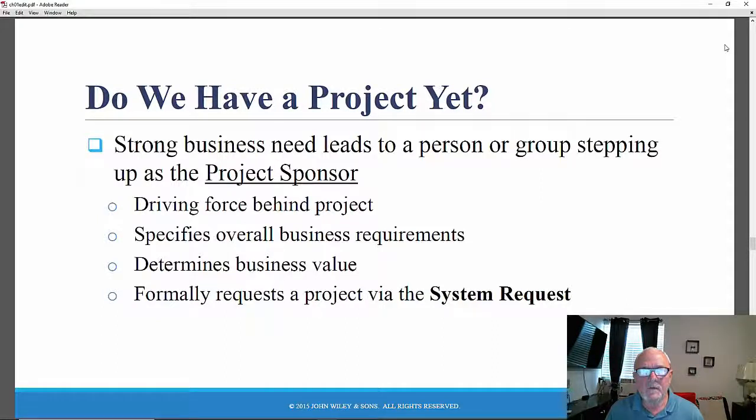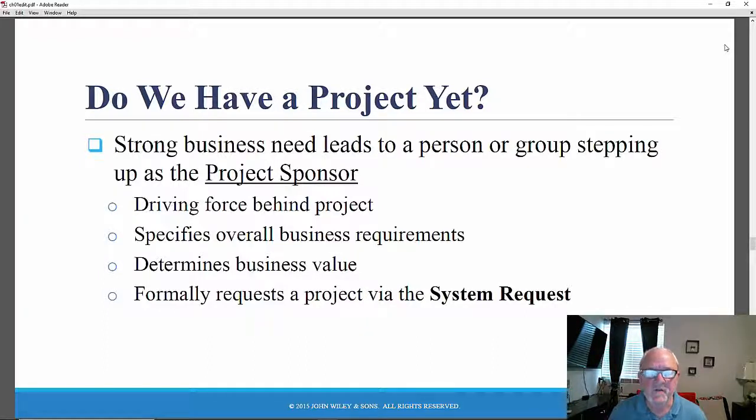So, do we have a project yet? Well, there has to be an individual who takes the role as the project sponsor. The project sponsor typically is someone who is rather high up in the organization and has some resources and/or the clout to get some resources to actually support the information system, get the effort moving.